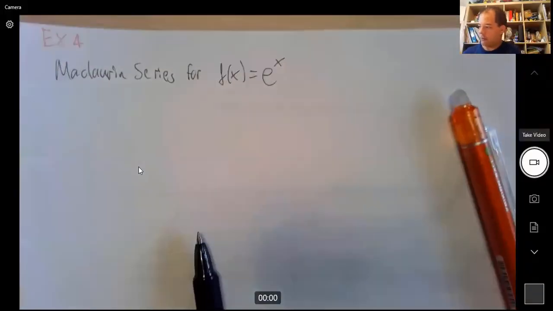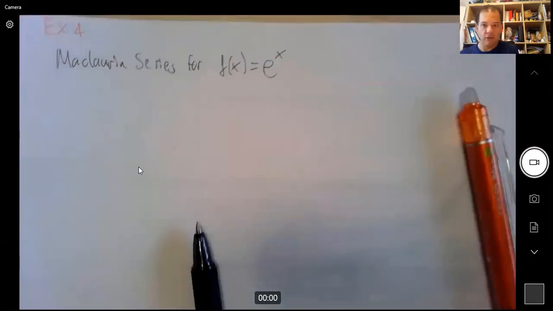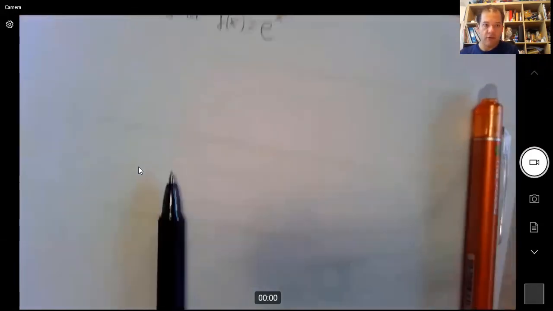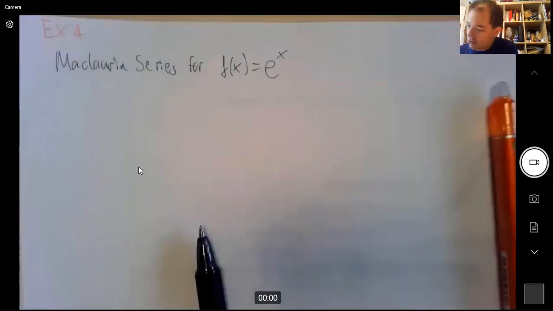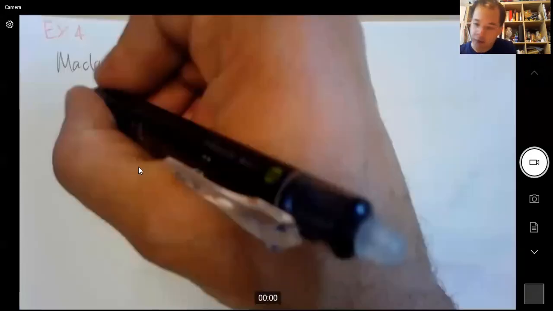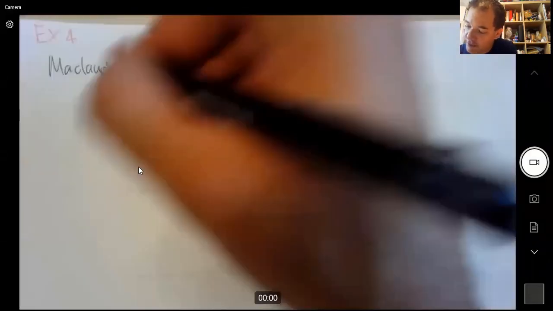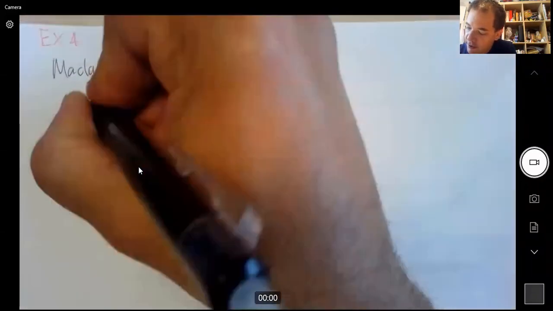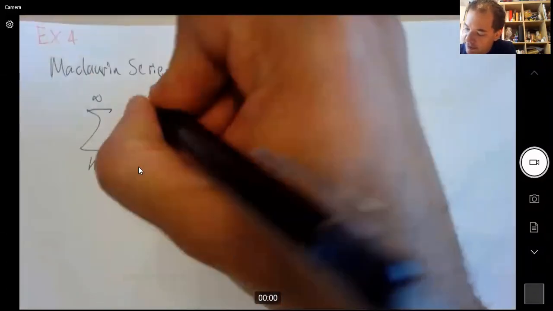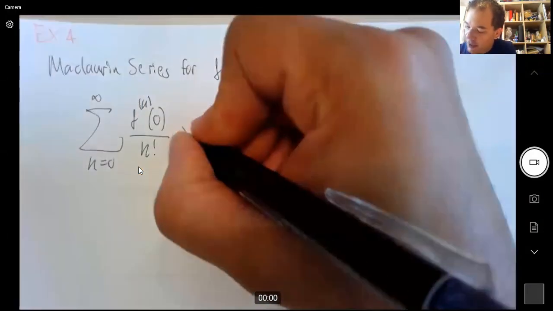All right, so as usual, we start by writing down the formula for the Maclaurin series. Here it is, the sum from 0 to infinity, the k-th derivative at 0 divided by k factorial, x to the k.